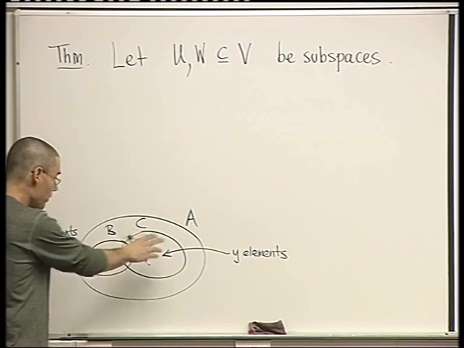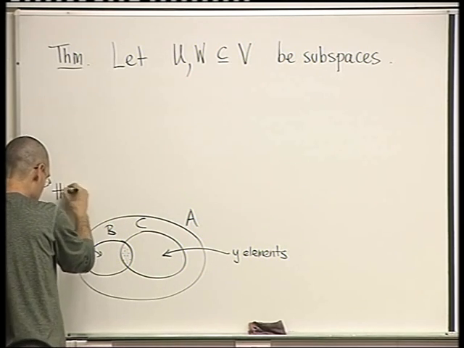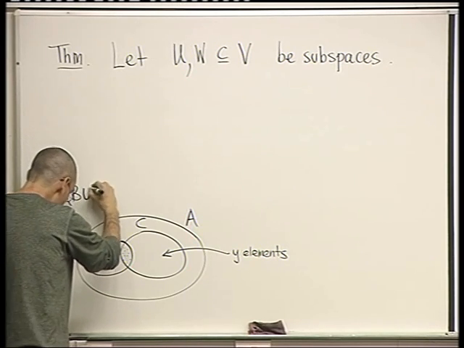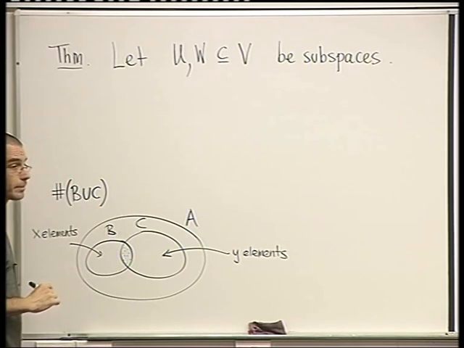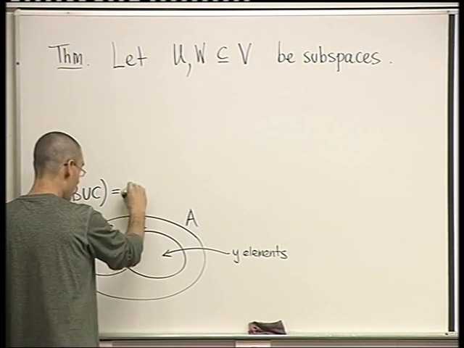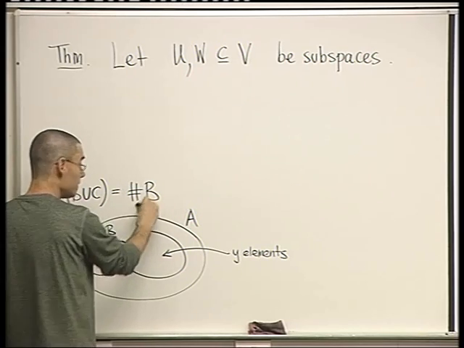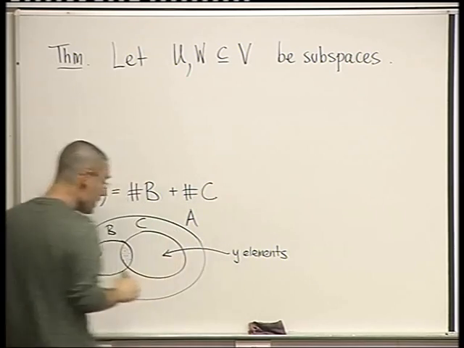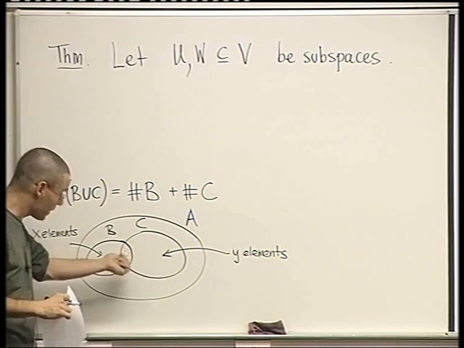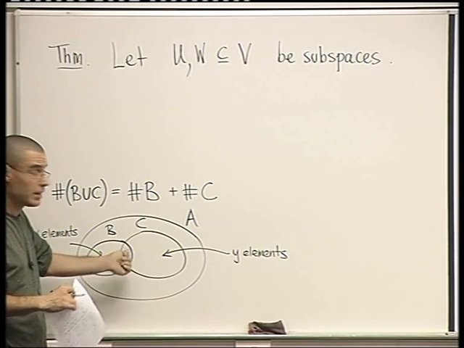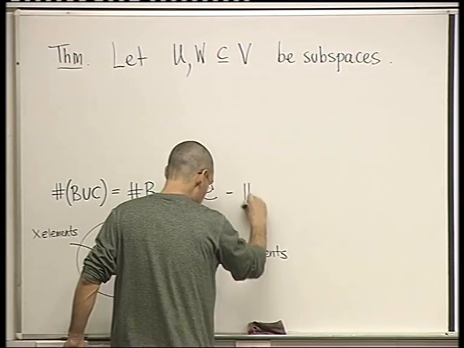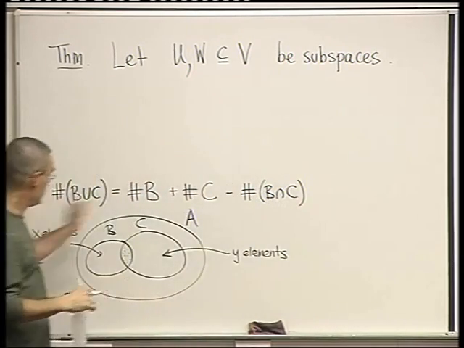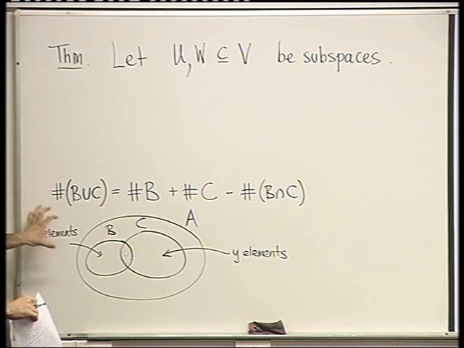So let's use this notation. The number of elements in B union C equals the number of elements in B plus the number of elements in C. But if we just do that, we're counting these guys twice, so minus the number of elements in B intersection C. Is this clear?